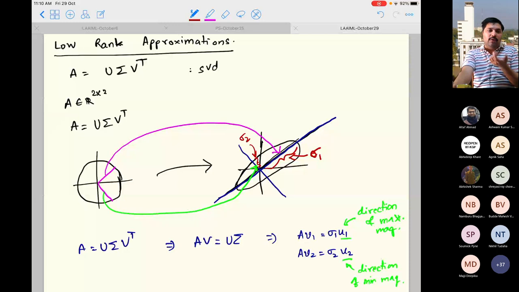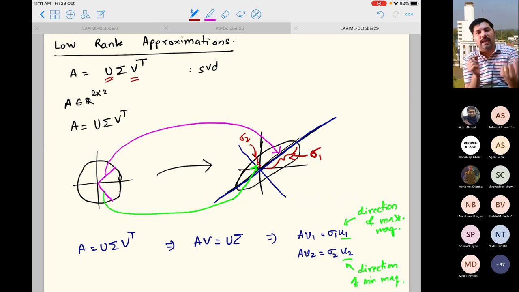The singular value decomposition is completely telling you this: you look into the domain, which is the unit circle here. In the domain, you know which two orthogonal vectors V1 and V2 are there. The V are the vectors in the domain, the U are the vectors in the range, and the sigma are their magnifications.